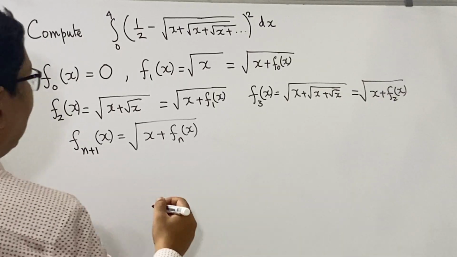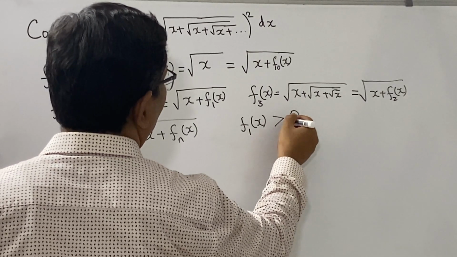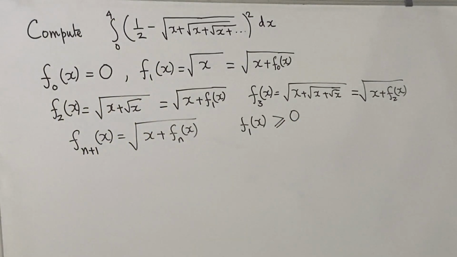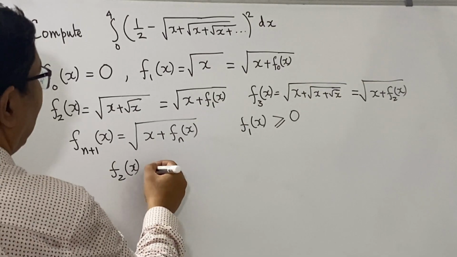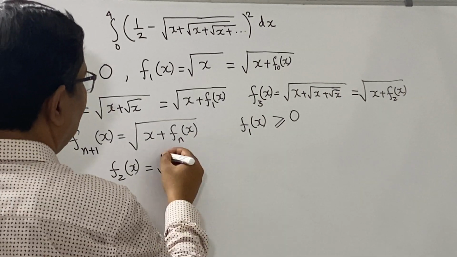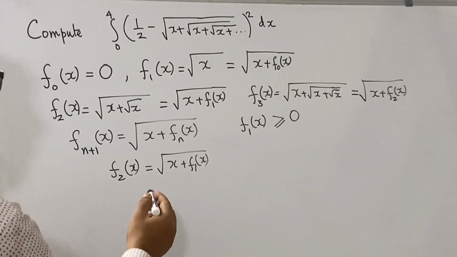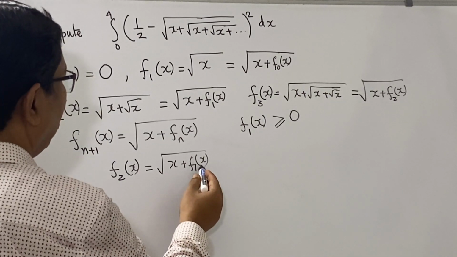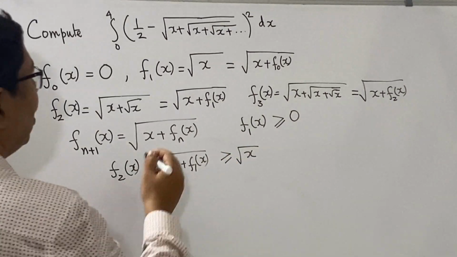Now, observe that f1(x) is greater than or equal to 0 for all x in the interval 0 to 4. And if you look at f2(x), that is, as we have just seen, the square root of x plus f1(x), and since f1(x) is greater than or equal to 0, this is greater than or equal to root x, and root x is f1(x).